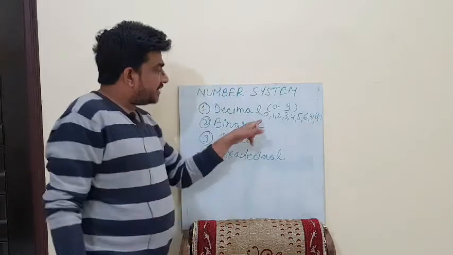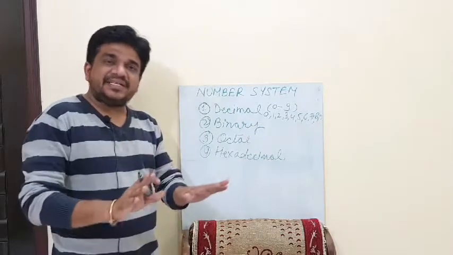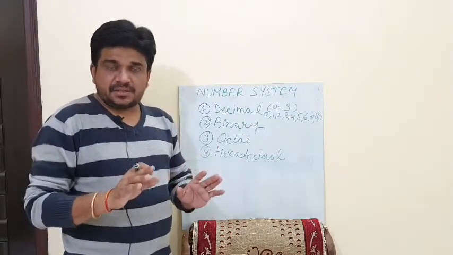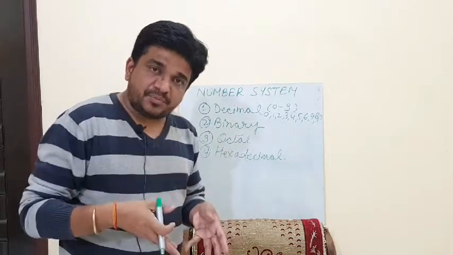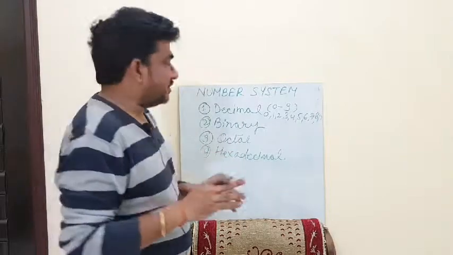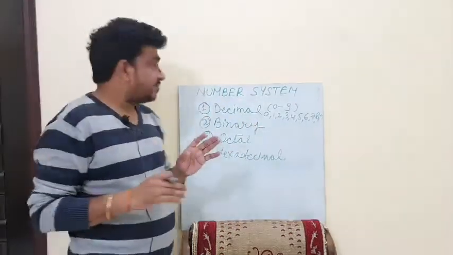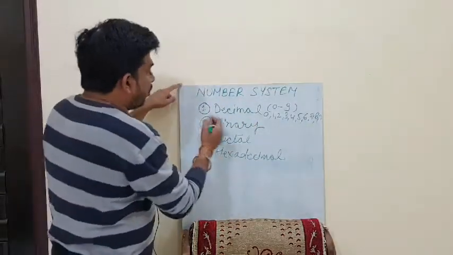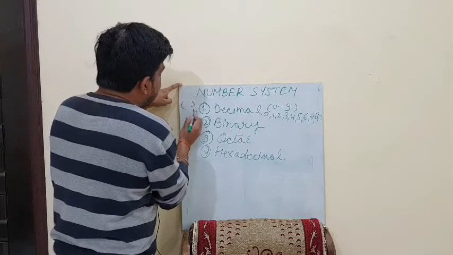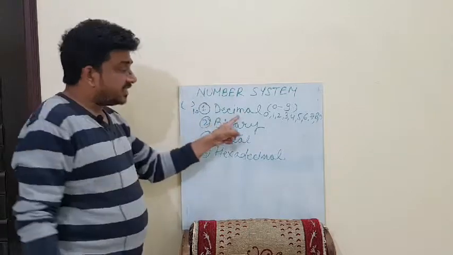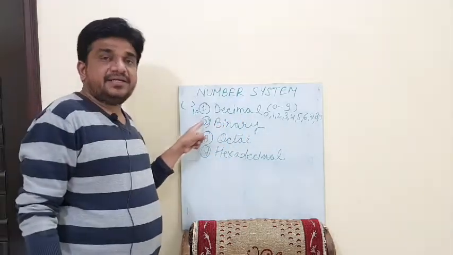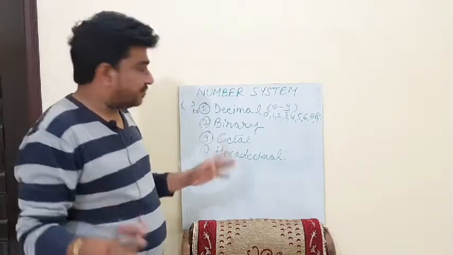So in total we have 10 elements to represent any number. You cannot add any symbol or mark from your side to increase or decrease this. That is why this is called base 10, written in brackets as 10. So the decimal number system is represented by 10 elements, 10 varieties of numbers.